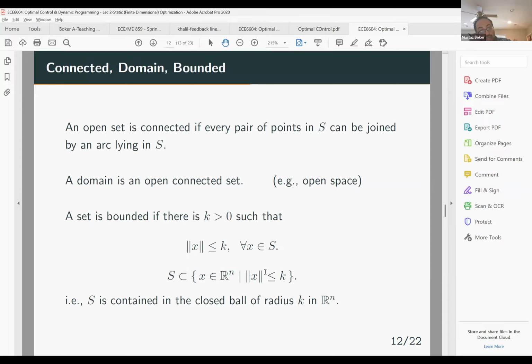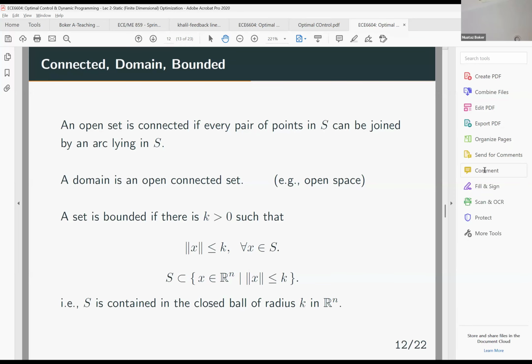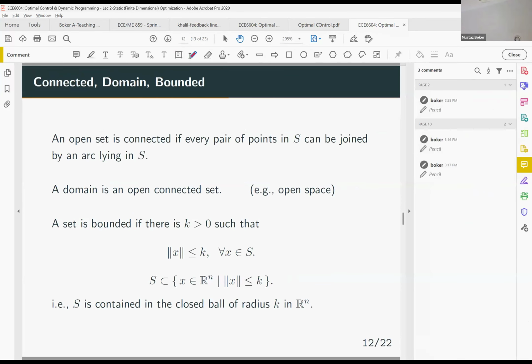We can also talk about connected domain and bounded. An open set is connected if every pair of points in S can be joined by an arc lying in S. So, for example, if you have something like a circle, this is a connected set.